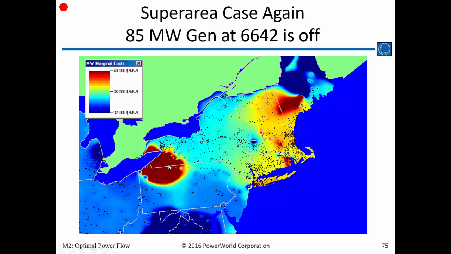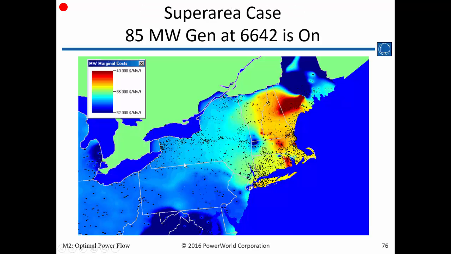If that generator is out of service, you get a load pocket here. It's what we saw in the 3-bus case with the generator at bus 3 out of service. We can't produce any power locally, so we get unenforceable or binding constraints depending on how much load is at the bus. If the generator is available, it can do away with that load pocket. Even if it's a very small generator, it's enough to provide marginal power within that pocket that you don't have when it's off.